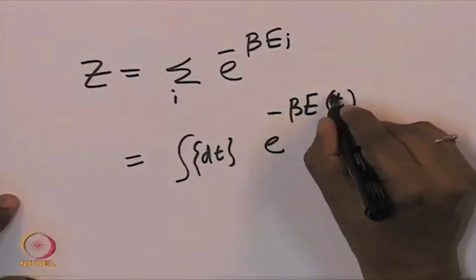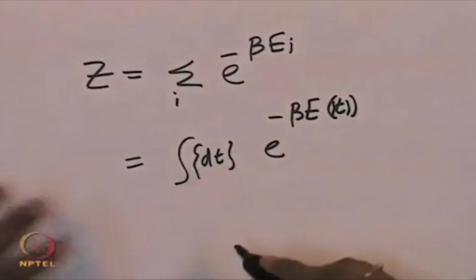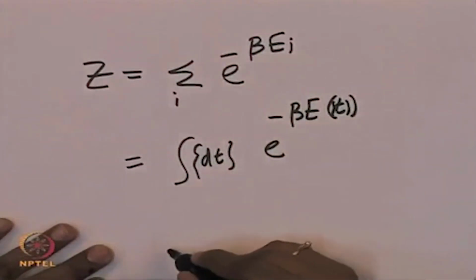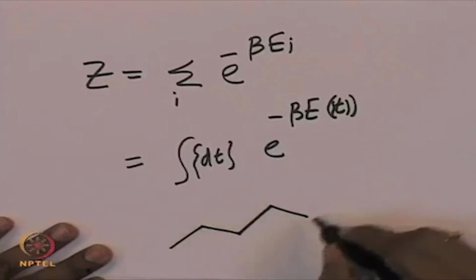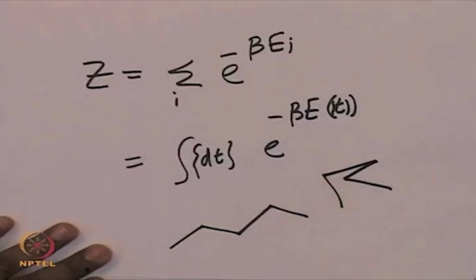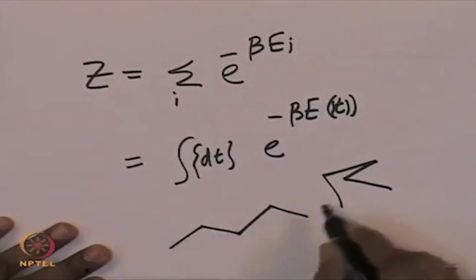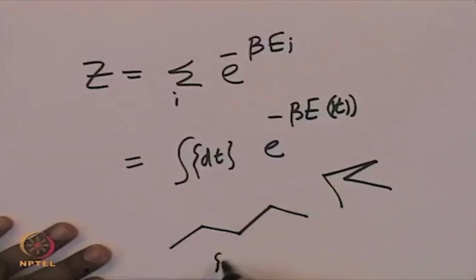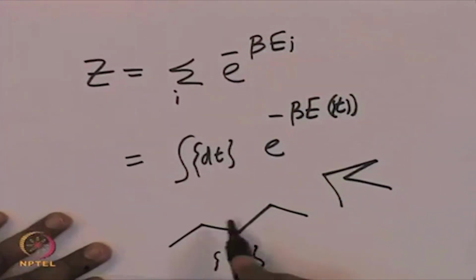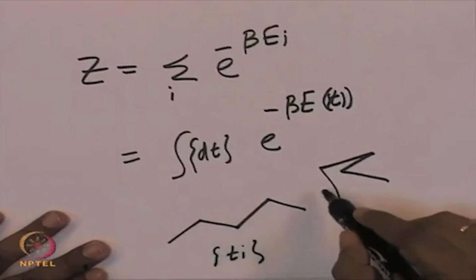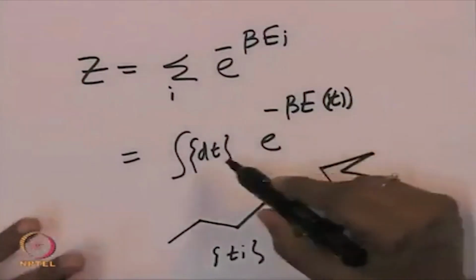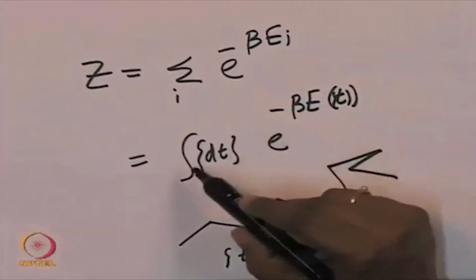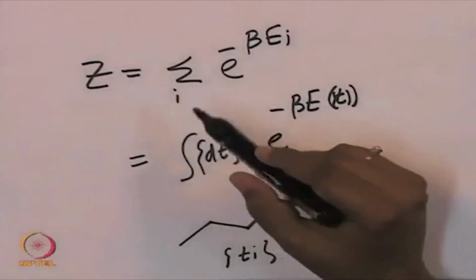So, what does this dT mean? If you have a particular conformation, this is one conformation, this is another conformation. So, this is T1, T2, T3, T4, this is one set of T. One set of T will give you one conformation, another set of T's will give you another conformation.